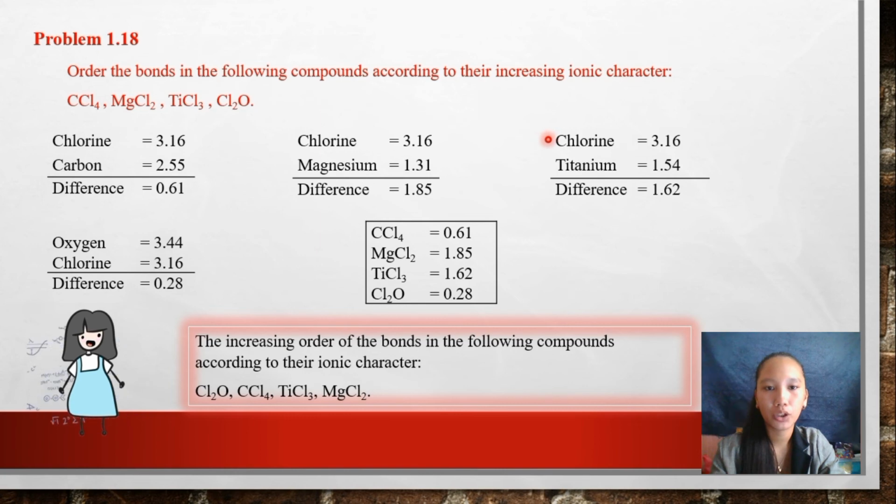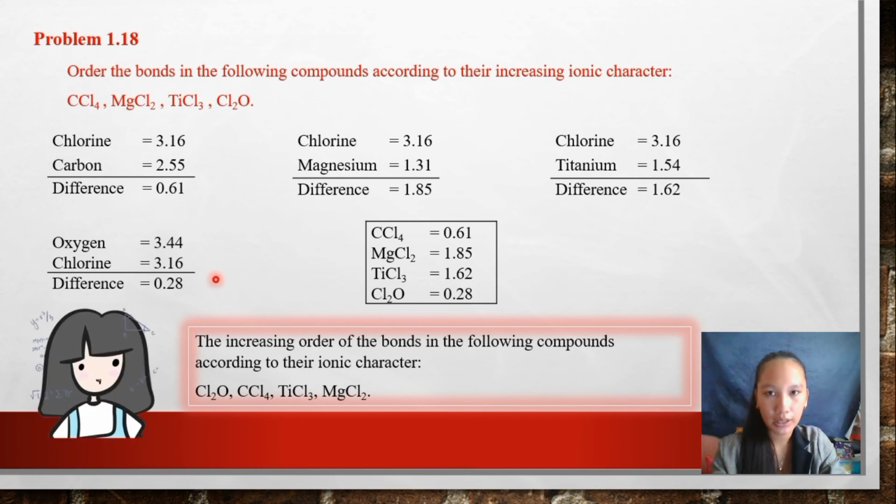Next, chlorine's electronegativity is 3.16 and titanium's electronegativity is 1.54. Their difference is 1.62. Oxygen's electronegativity is 3.44 and chlorine's electronegativity is 3.16. Their difference is 0.28.